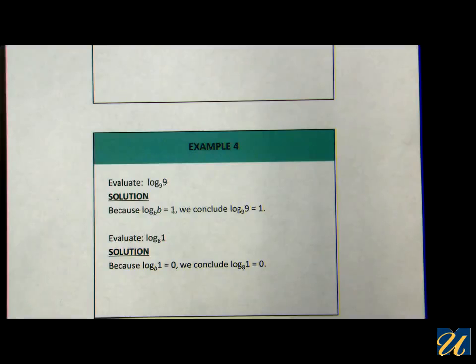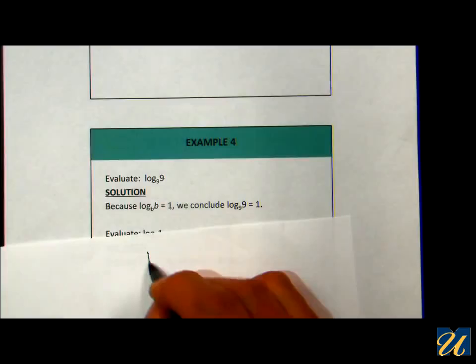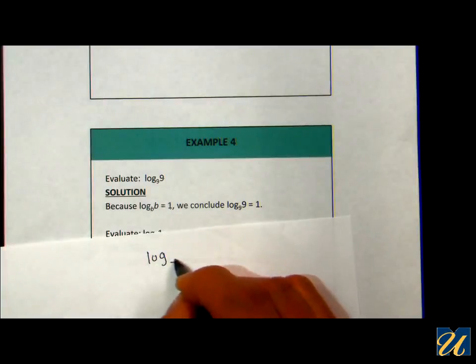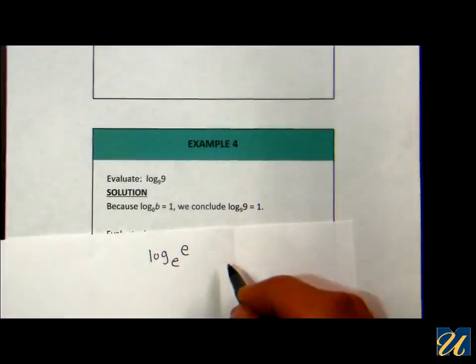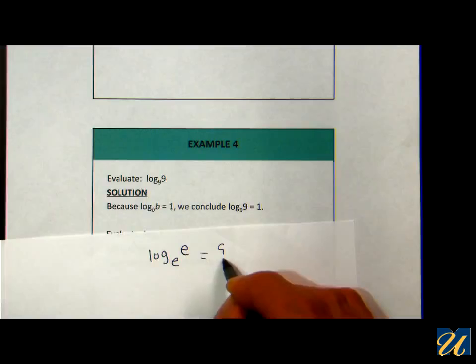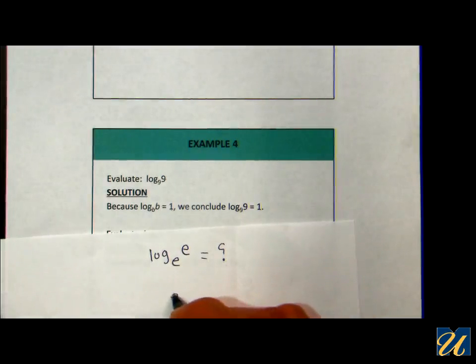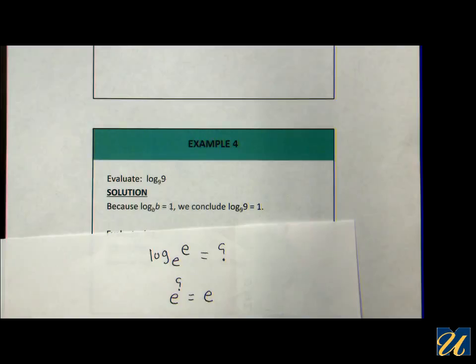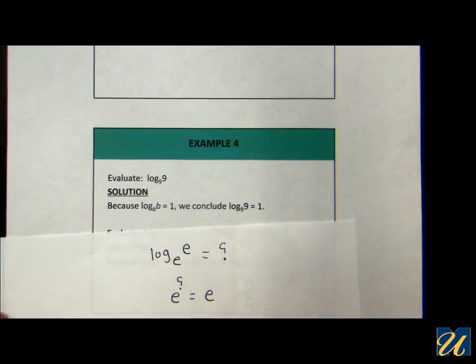Let's suppose we tried log base e of e. So this is equal to something, right? So this would mean e to what power is equal to itself? Well, 1, right? So log base e of e is still 1.